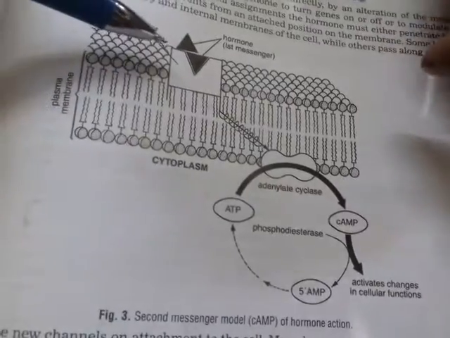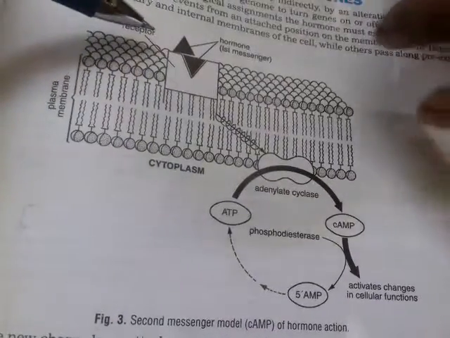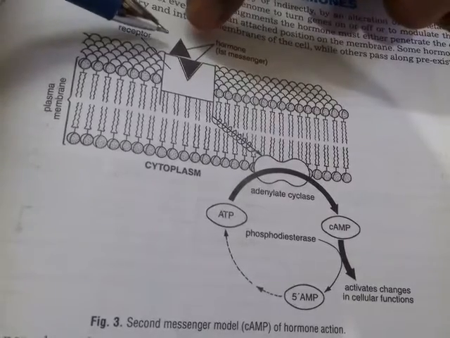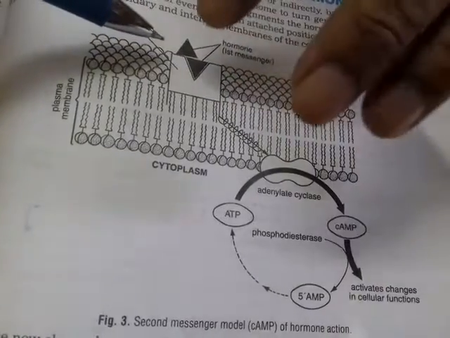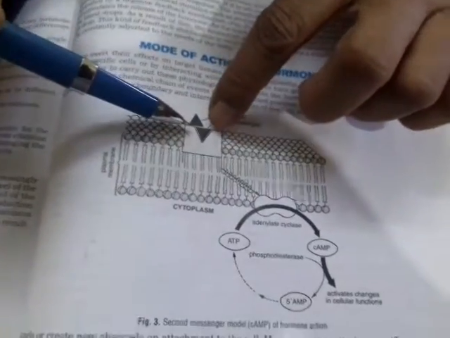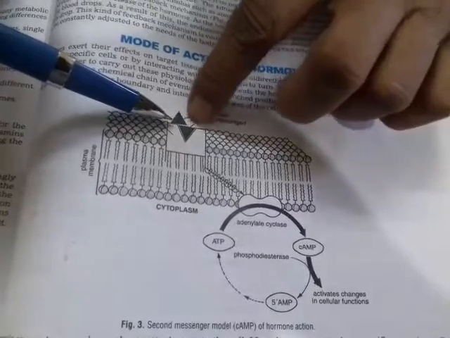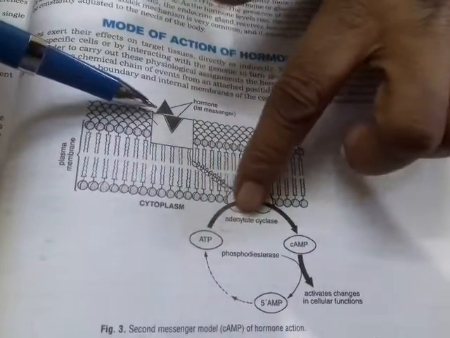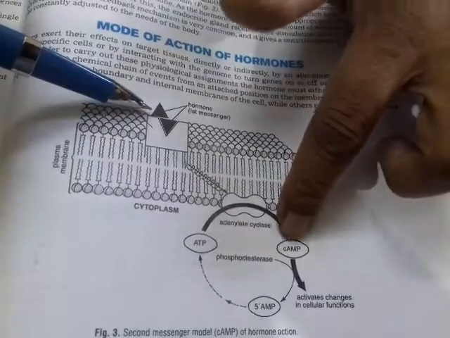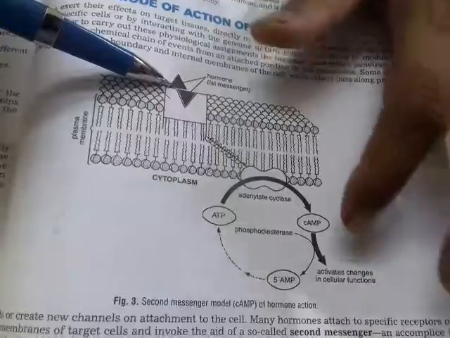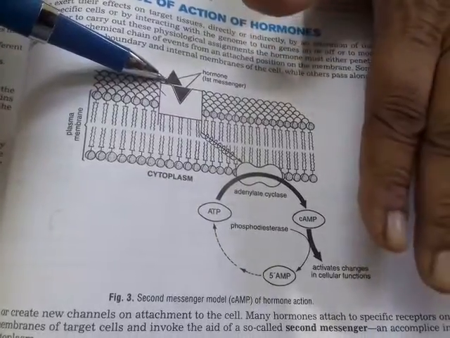This is in case of amine or protein hormones, where the action is from outside the cell membrane. For example, insulin does not penetrate, but it comes to the cell membrane and stimulates adenylate cyclase, which converts ATP to cyclic AMP, which can induce the reaction of insulin action inside the cell.